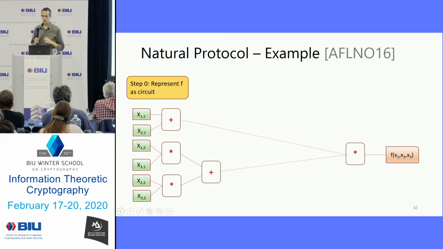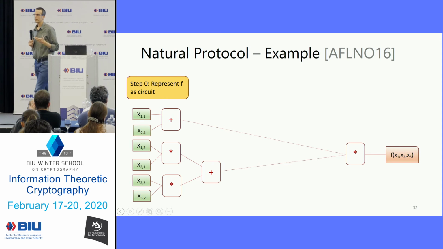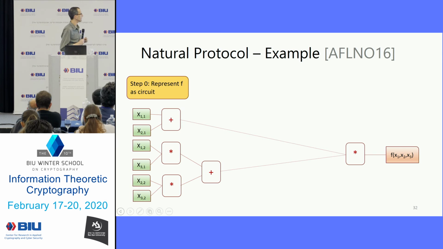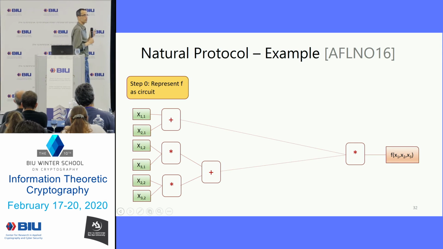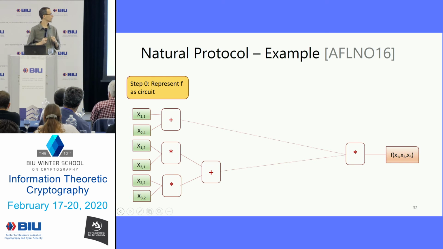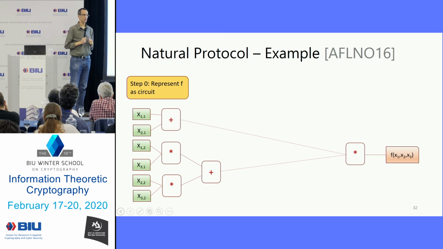So I'm going to use as a basis the semi-honest protocol of Araki et al. from 2016. And here are several steps in which this protocol works. So we have this function f. 3 parties want to compute the function f. So they represent the function as a circuit.